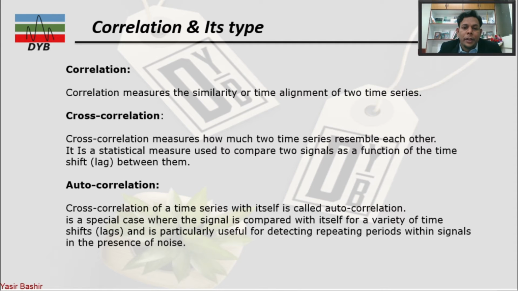It's particularly useful for detecting the repeating period within a signal in the presence of noise. So if you have signal and noise and you autocorrelate this wave, you can differentiate the signal from noise. Normally the noise is cancelled out and the signal is improved in autocorrelation.